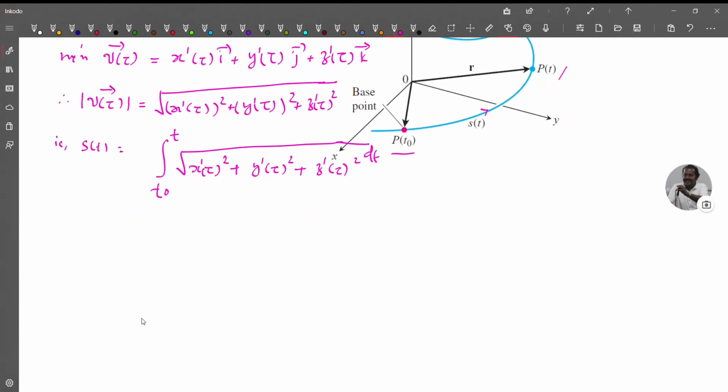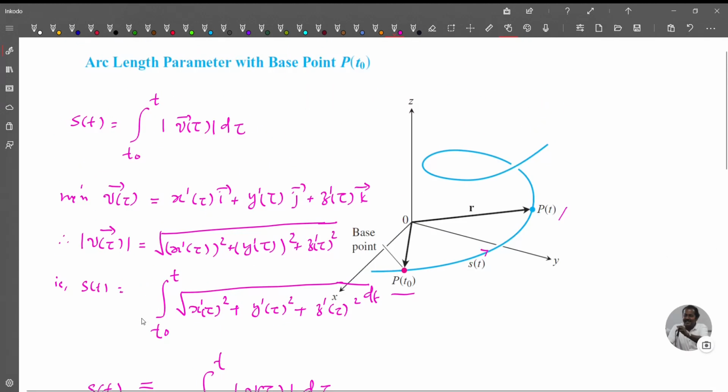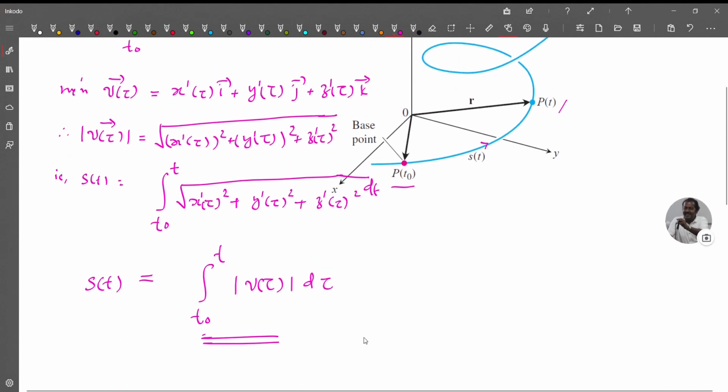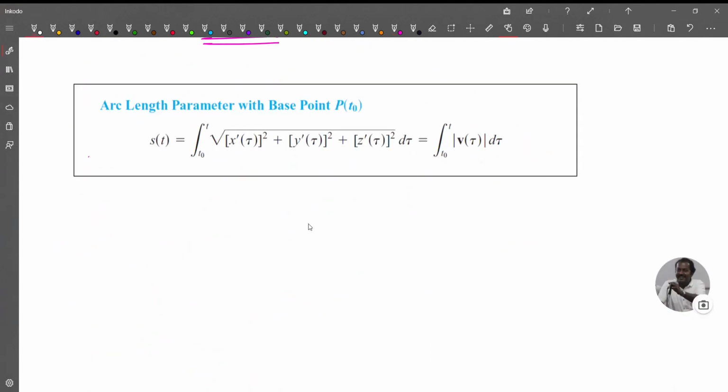That is equal to integral t naught to t modulus of v of tau d tau. This is s of t, known as the arc length parameter with the base point P of t naught.